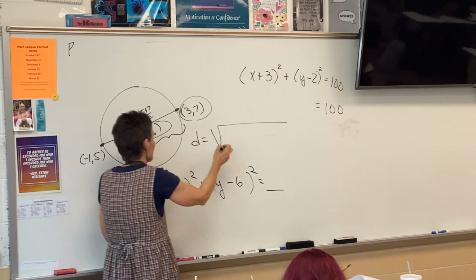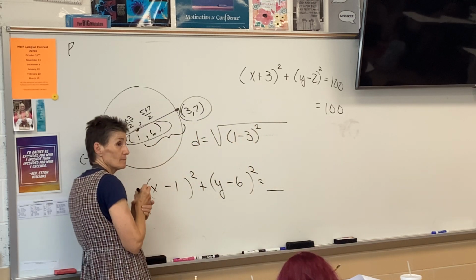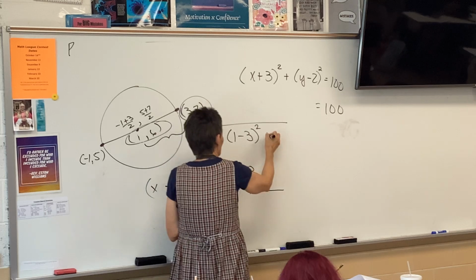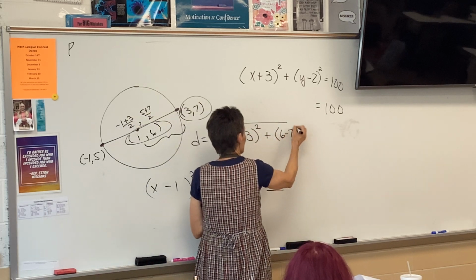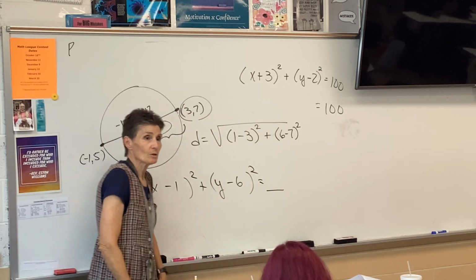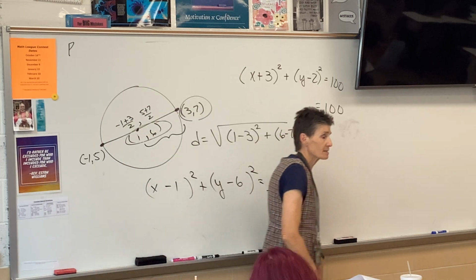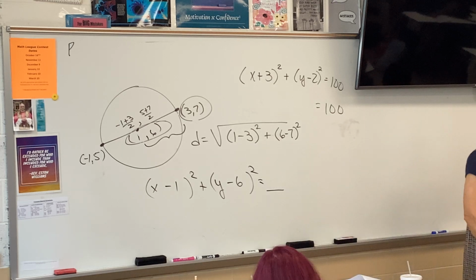So 1 minus 3 and square it. Plus 6 minus 7 squared. Remember how that works? X minus x squared plus y minus y squared.